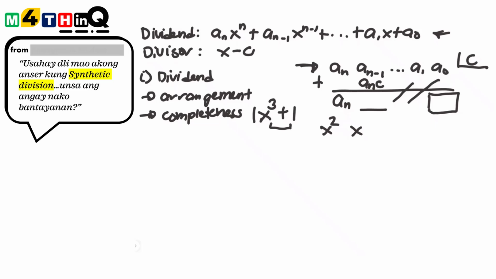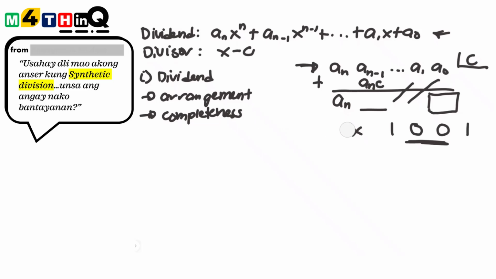So to correct that, our entries of our dividend for synthetic division should be 1 for x cubed, 0 for x squared, because 0 times x squared is just 0, 0x, and then your constant 1. This should be considered as part of your coefficients in your synthetic division, because if you left that one out, then your answer later on will be incorrect. This is also true.